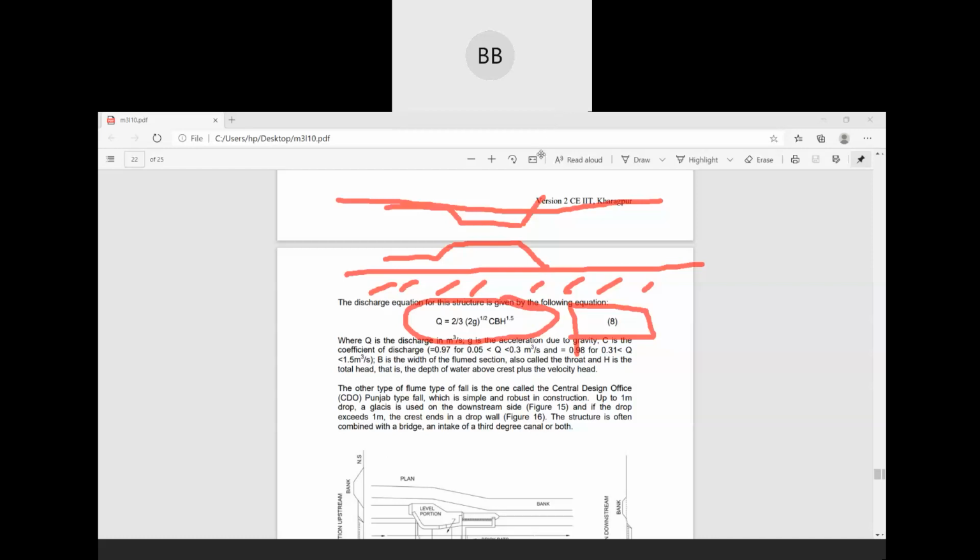So we are going to end our class today here. In the next class, we are going to discuss the spillway, and then the dam break problem, an introduction of the dam break problem.